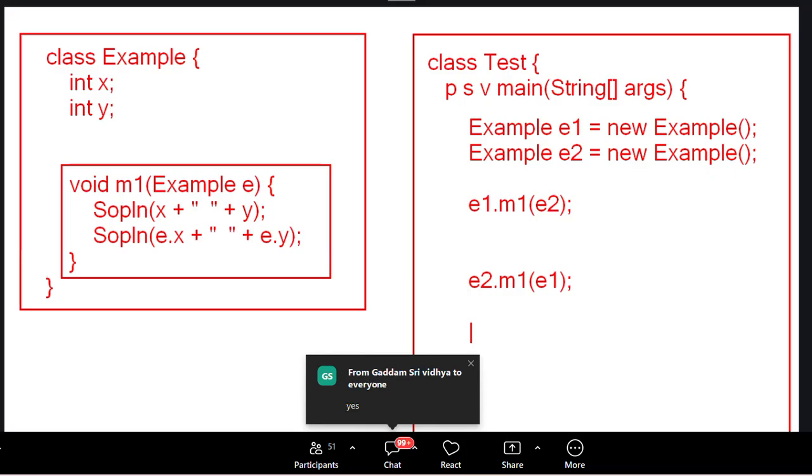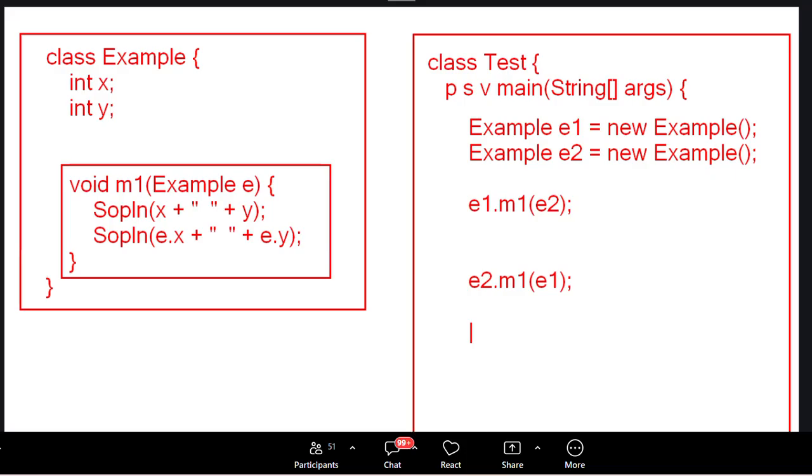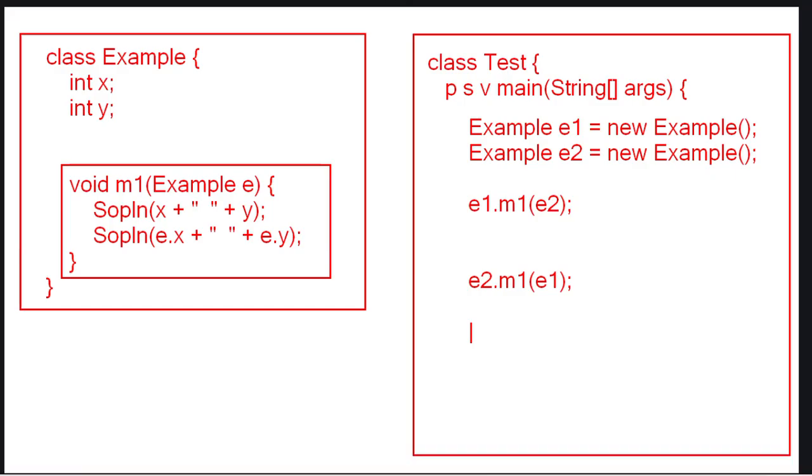Search right to left: search for the E1 class. What is that? Example. Search for the M1 method with an example parameter in the E2 class. What is the E2 class? Example. Again, control is going to the example class. Search for the M1 method with an example parameter in the example class. Available? Yes.